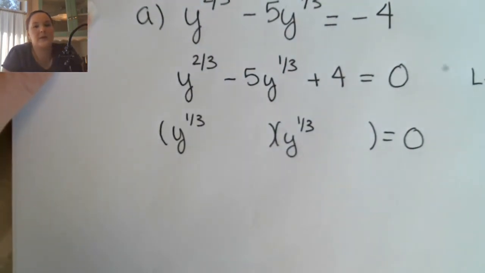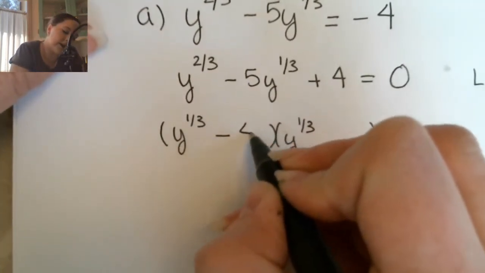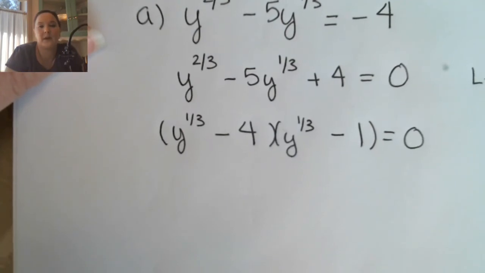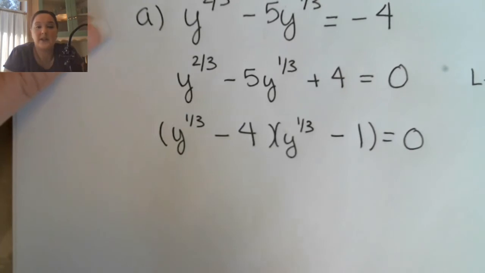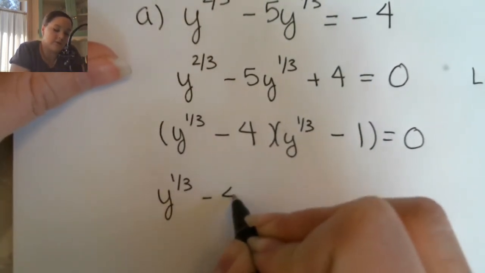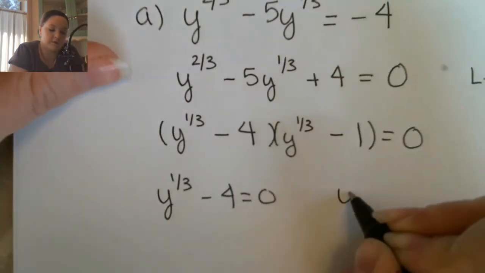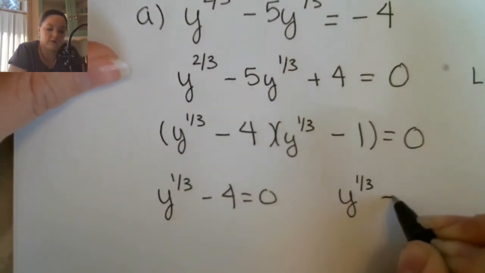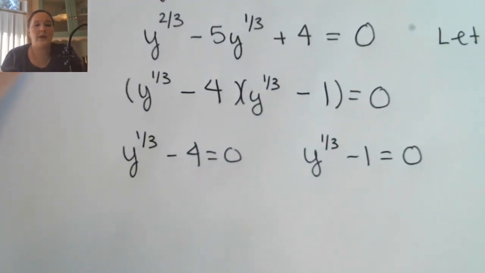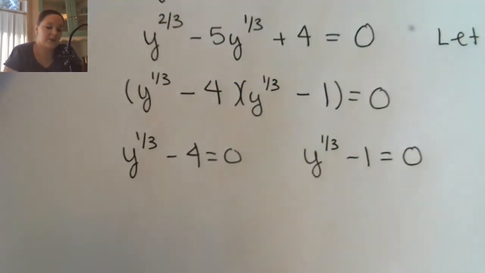So I'm looking for something that multiplies to 4 and adds to -5, so I think I'll have -4 and -1. Just like with normal solve by factoring, I'm going to set each of my factors equal to 0. Now I have two little power equations, just like the previous examples.